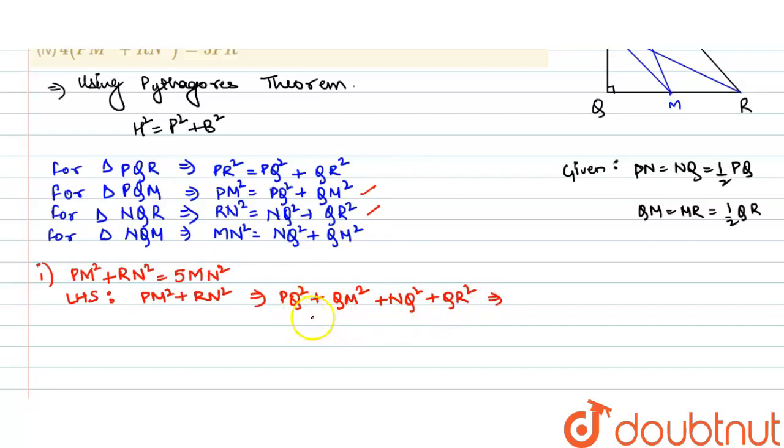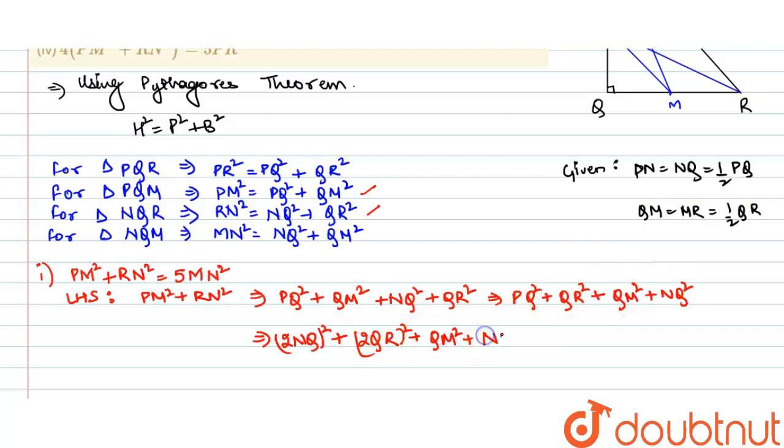Now I will write PQ square plus QR square together, plus QM square plus NQ square. Now QM square plus NQ square is equal to MN square. Therefore PQ is twice NQ because NQ is half of PQ, so PQ becomes twice NQ whole square, plus QR becomes twice QM whole square, plus QM square plus NQ square, which is MN square.